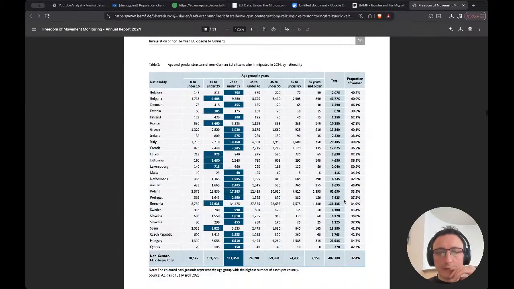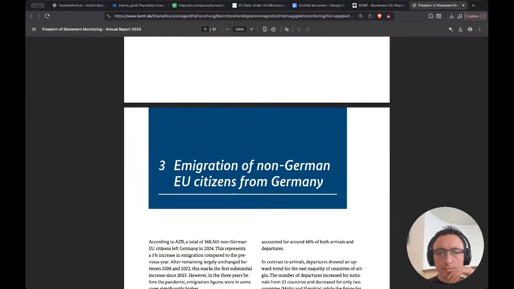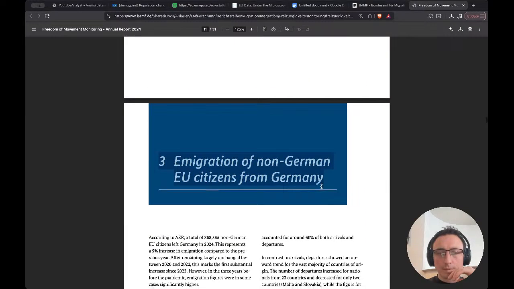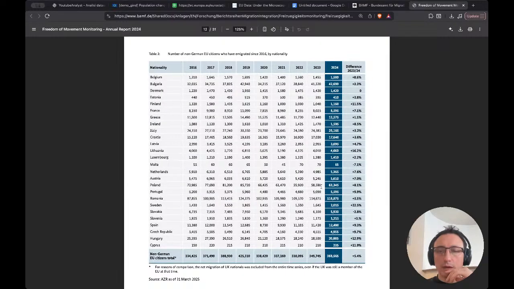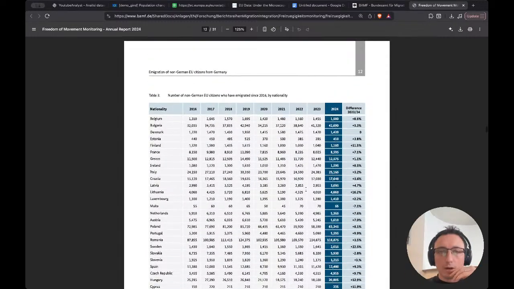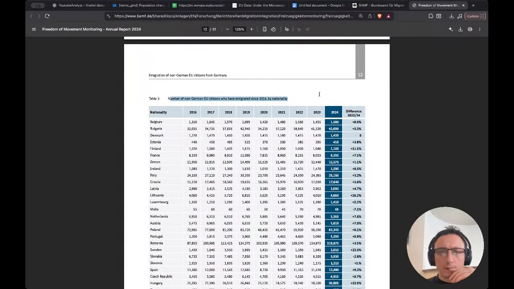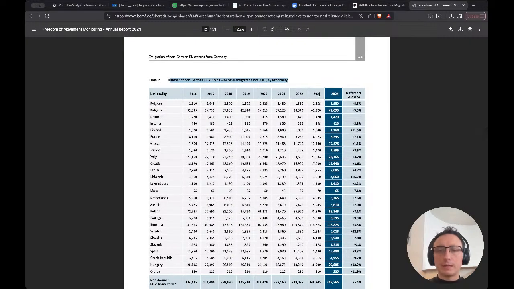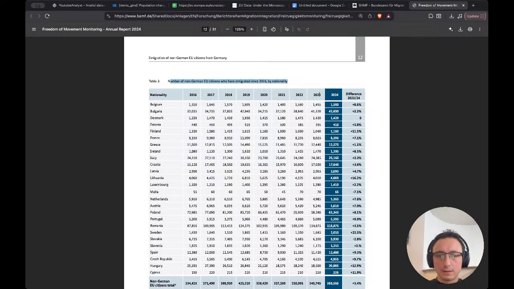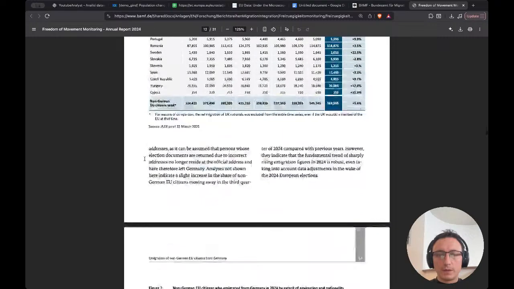Let's see if I can find. Then we have by age. Then we have the other way around, how many people are, wow, number of people that are living Germany.